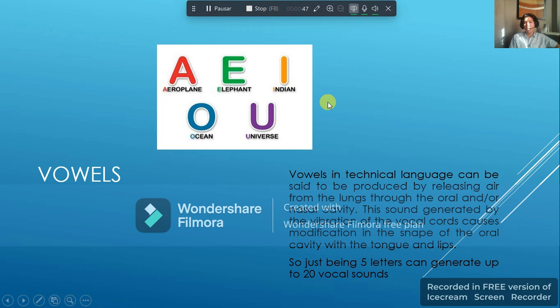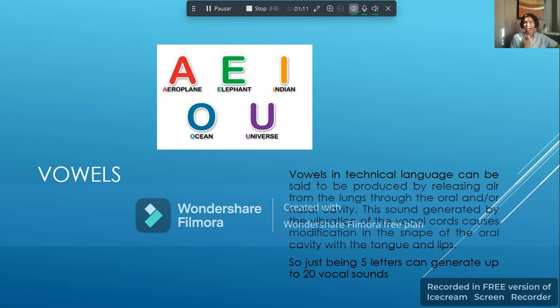Next, we have the vowels. In technical language, vowels can be said to be produced by releasing the air from your lungs through the oral and nasal cavity, and this sound generated by the vibration of the vocal cords causes a modification in the shape of the oral cavity with the tongue and the lips.